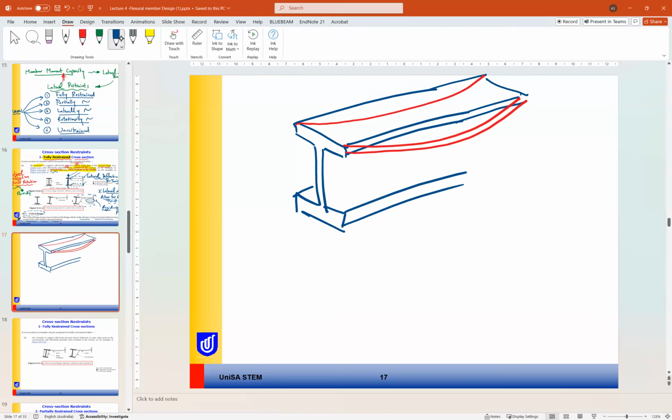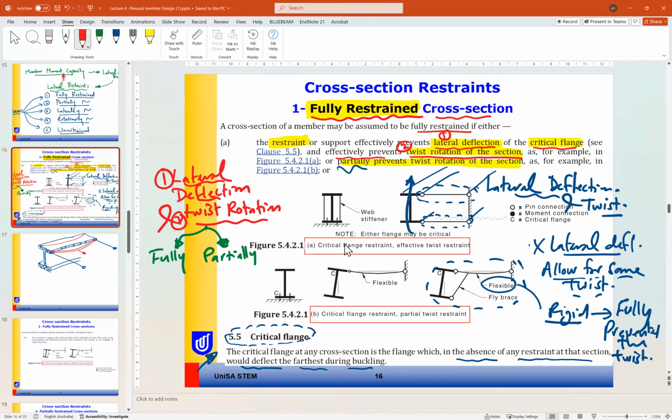For example, if you have only one support here, whatever the support is, and one support here, then any point here can move laterally. If it can move laterally, this is an unrestrained part, or this is our critical flange. So the critical flange is the flange, or any point, that can move laterally during buckling. So this is for fully lateral restraint.